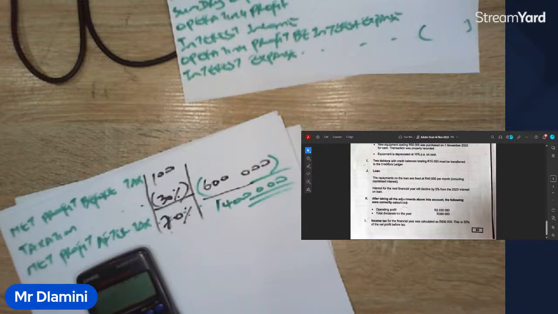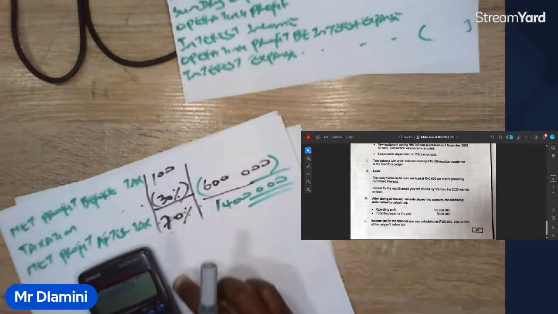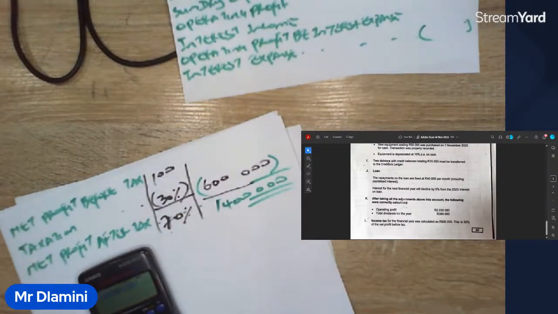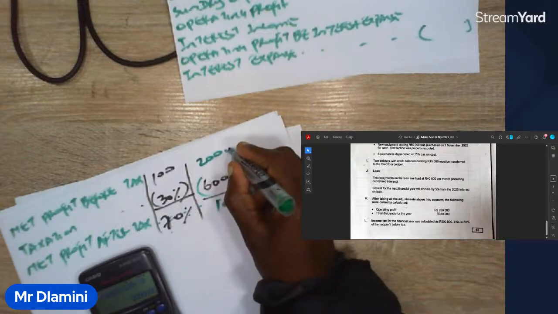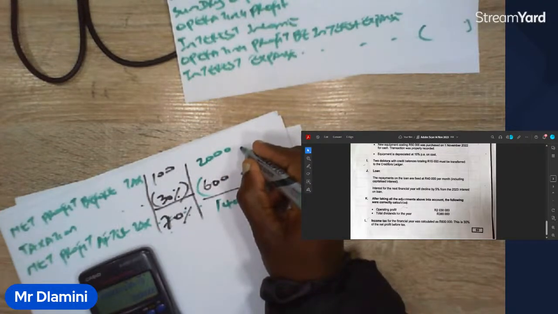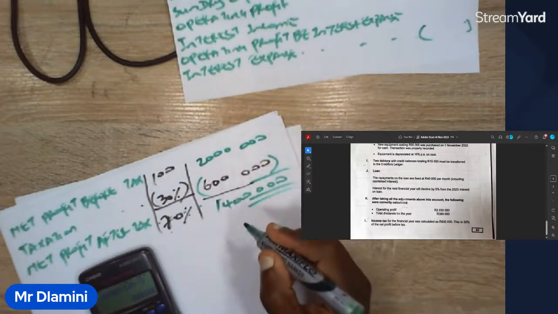We are given the profit after tax, but the formula needs before tax. So you say 1.4 million times by 100, you are going to 100, you are coming from 70, divided by 70. So before tax it is 2 million.